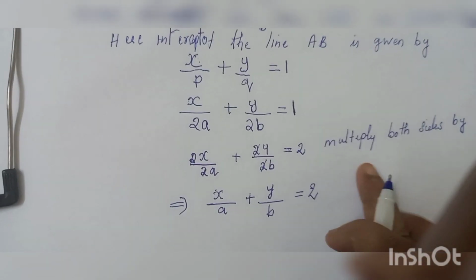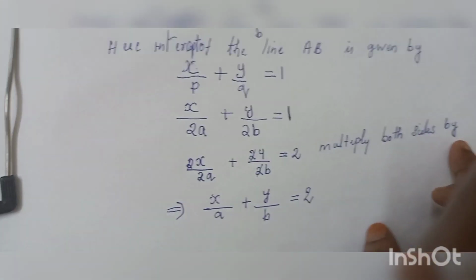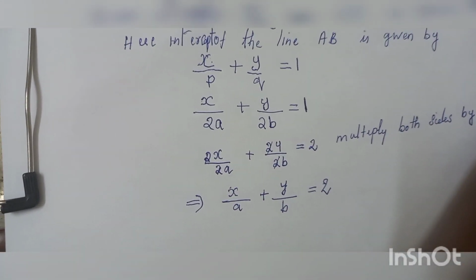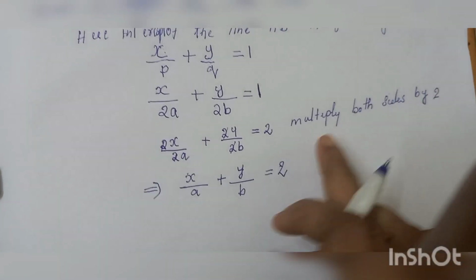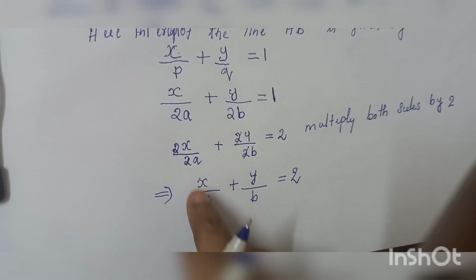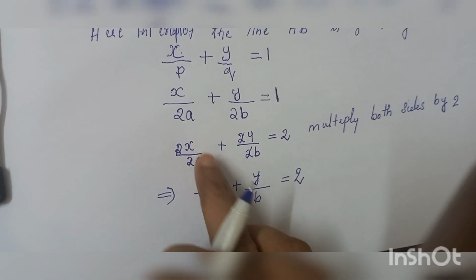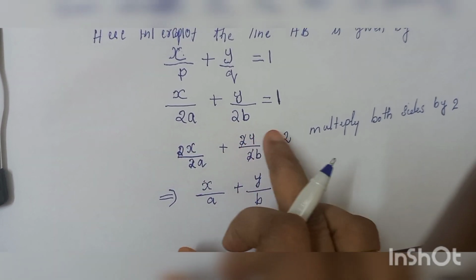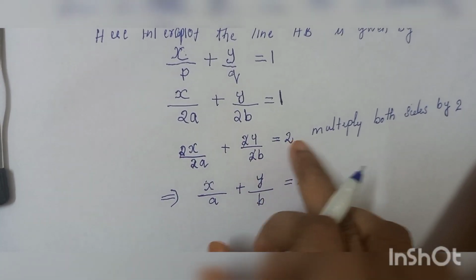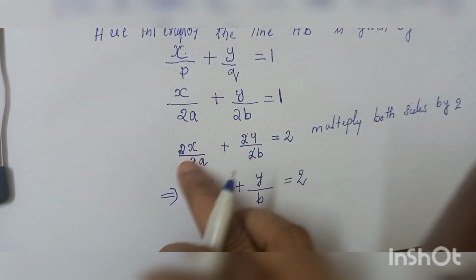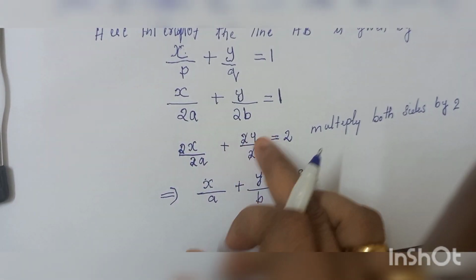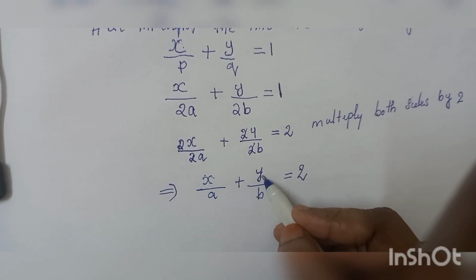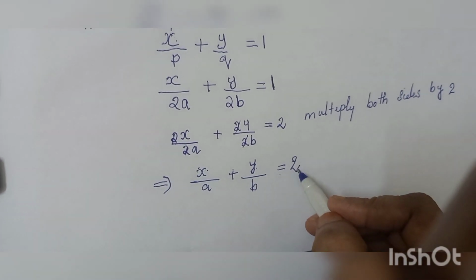Okay, multiply both sides by 2. So we get 2x by 2a, 2y by 2b is equal to 2, so these 2 and these 2 get cancelled. So we get x by a plus y by b is equal to 2.